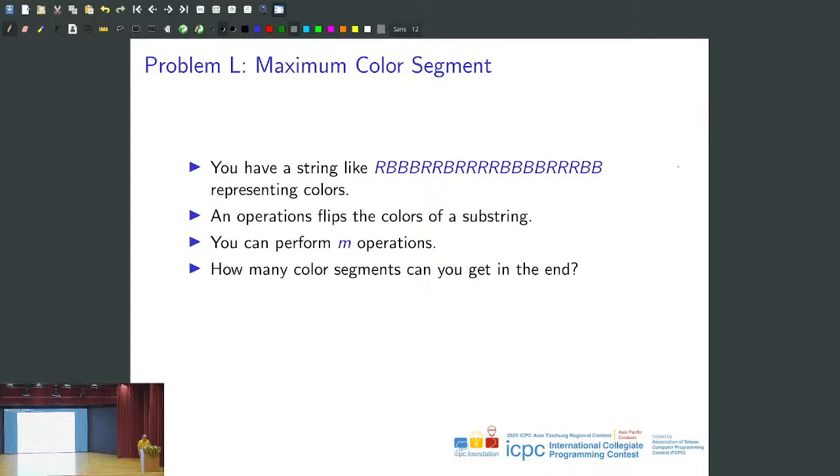Next problem. Here you had a rope with different colors, and you see the colors change. Maximal area without color change is one of the color segments, and you have a certain number of color segments, and you want to apply some operations so that at the end, the number of color segments is as high as possible.